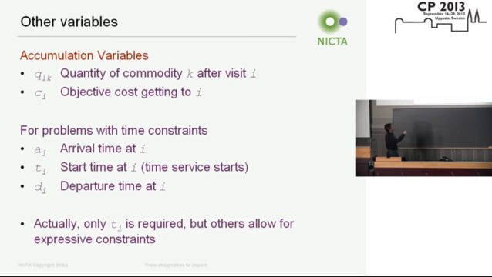So in that case, I would have a constraint that would adjust Di depending on the value of Ri. And as I note there, Ti is required, once again, for expressivity of constraints. I might want to say something about Ai, for instance, penalizing the difference between Ai and Di.